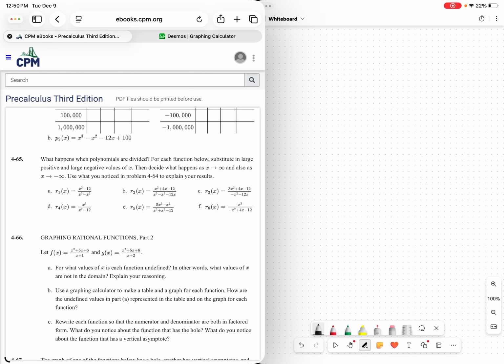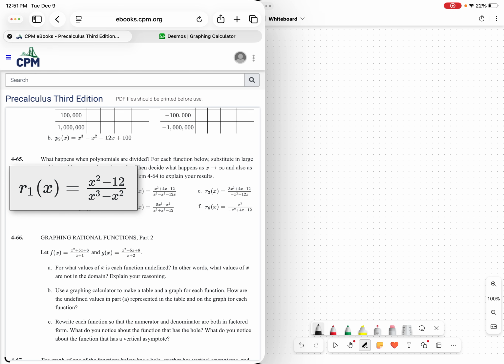So 65 here, what happens when polynomials are divided? So the same idea, if we know that the largest exponent's what affects it the most, then what happens then? So if we're looking here at this first one, right? So if we have x squared minus 12 and x cubed minus x squared, this first term's really what's going to affect it.